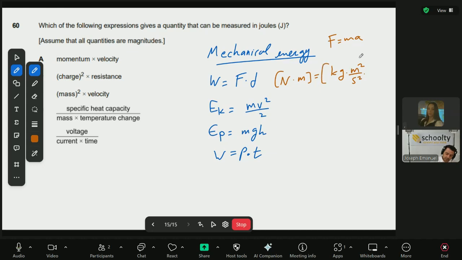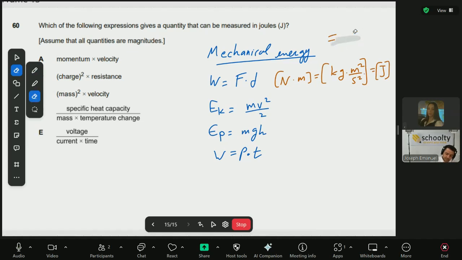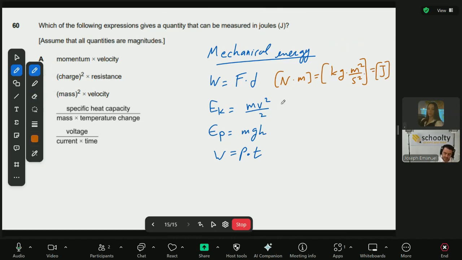This is a joule. Next, kinetic energy is kilogram meter squared per second squared, the same, as we saw already.